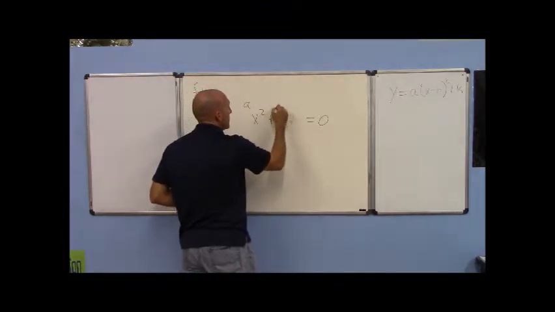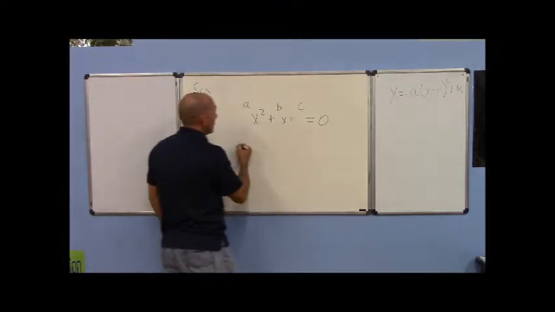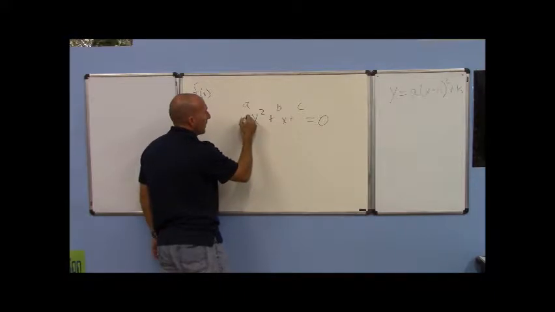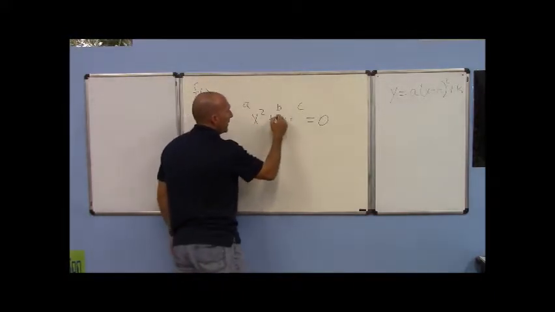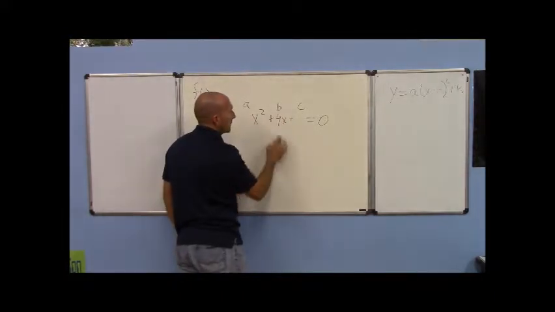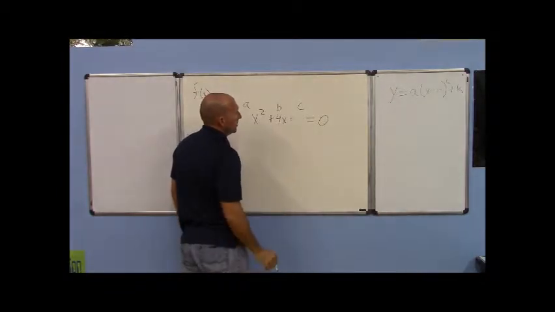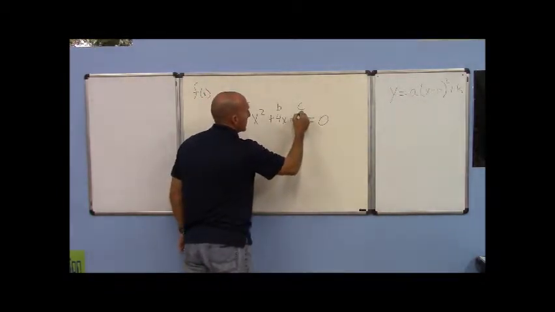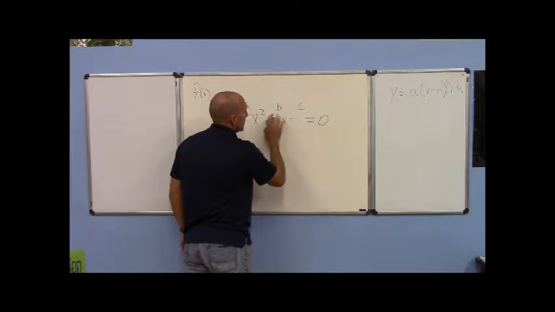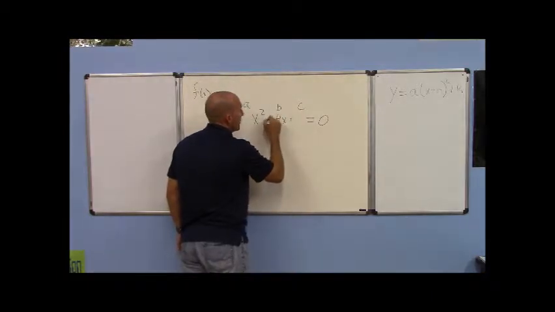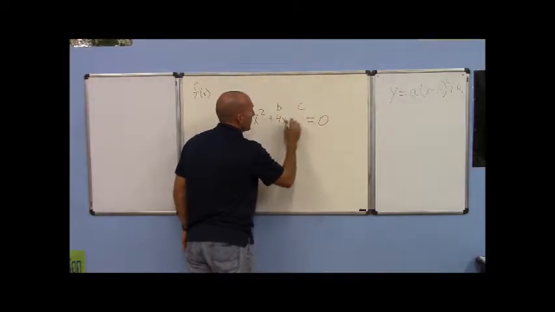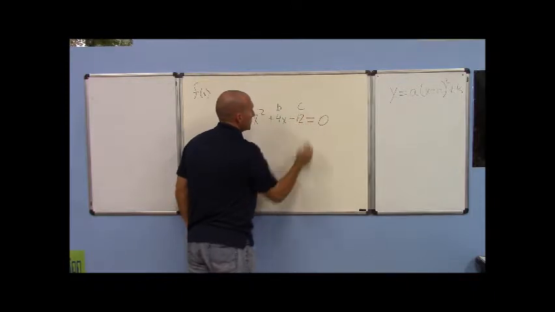The A, the B, and the C. So if we have just 1x squared and we have 4x and positive 4 will be fine, and then minus 12. Okay?